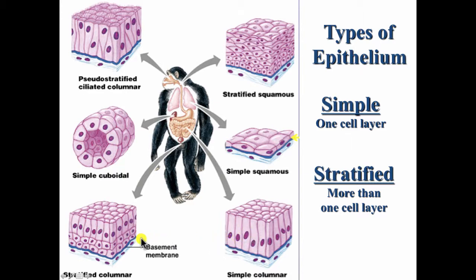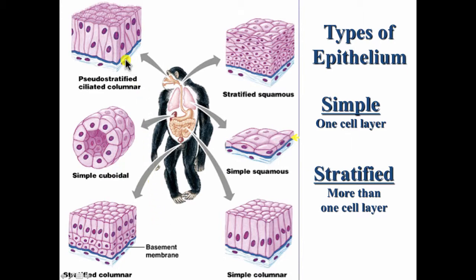A stratified epithelium, such as shown with this stratified columnar epithelium, has numerous layers of cells sitting on top of one another, and in this case the topmost layer of cells is columnar. This is a fairly rare type of epithelium and is mainly found in the urethra.